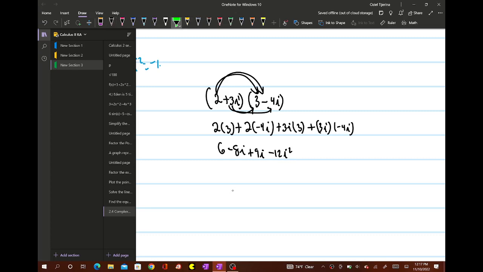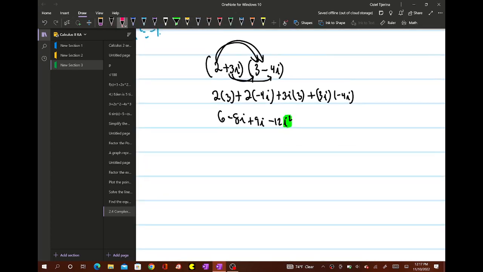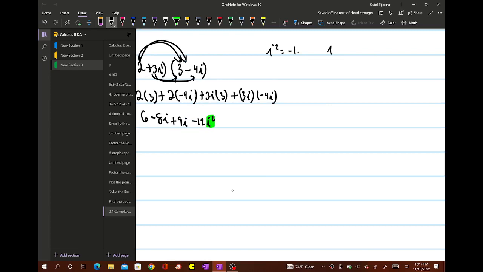Now remember, I said that i squared is -1. That's because i is equal to the square root of -1, and if you square both sides, you get that i squared is -1.